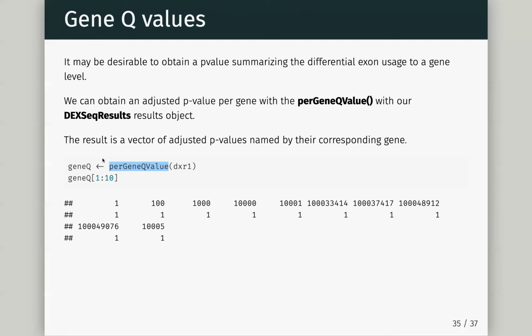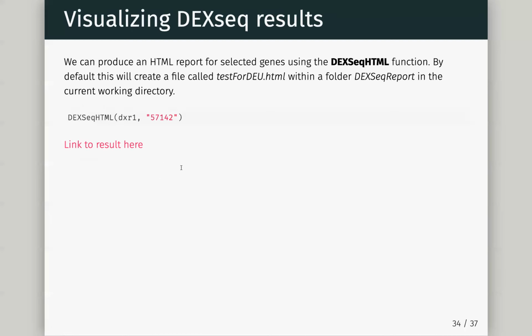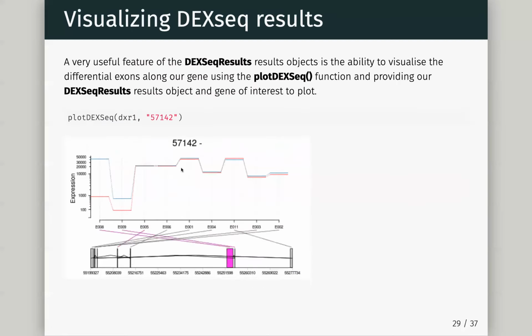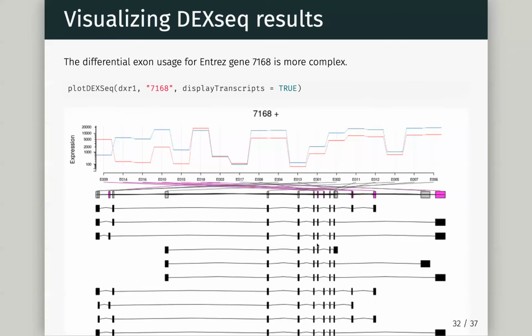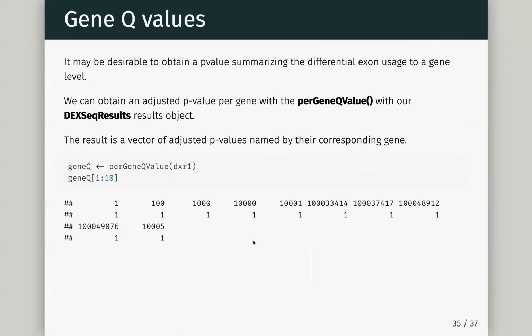If you have more exons in a gene, you're more likely to see differential exon usage. It's just a matter of probability. So from this, it returns a vector in the same length and the same order as your DEXSeqResults object.